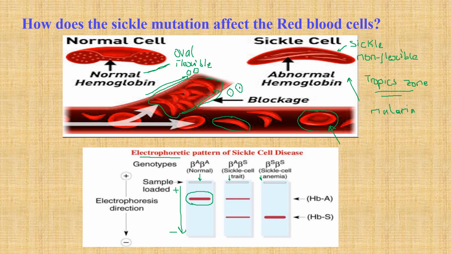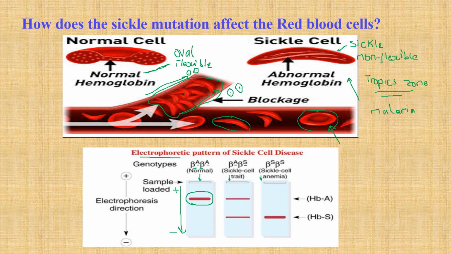So we see that here, a homozygous normal individual has a single band that is found right up here. This beta A is showing us that this is taking place at the beta subunit. So we have homozygous normal, A. Here we have beta A S. That means that this is a carrier, because it has the normal hemoglobin and the sickle hemoglobin.